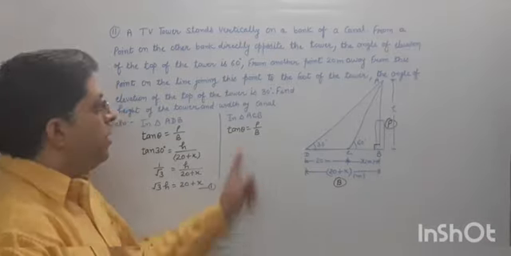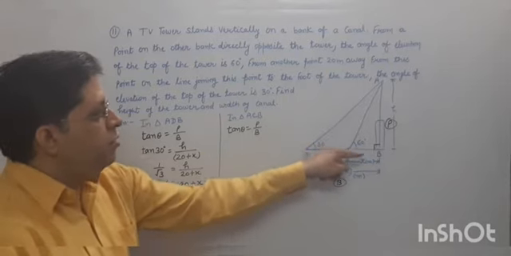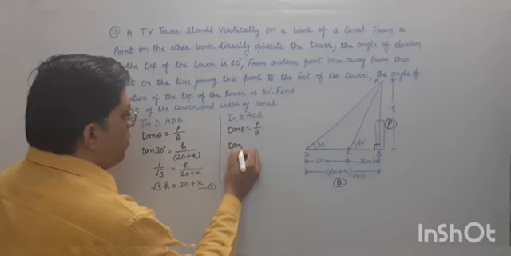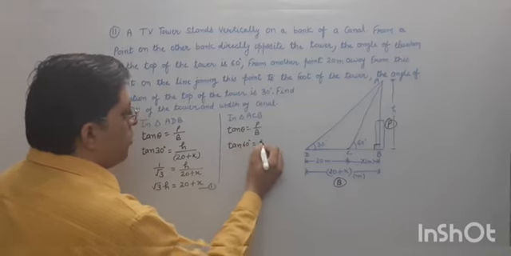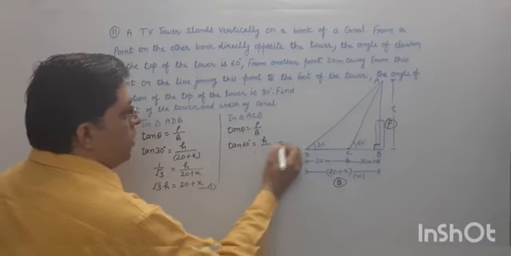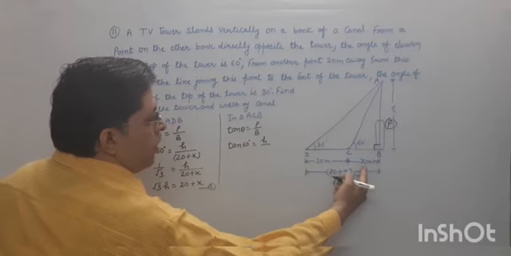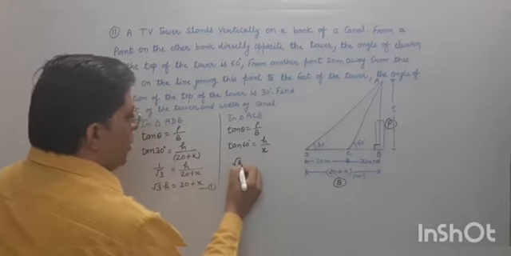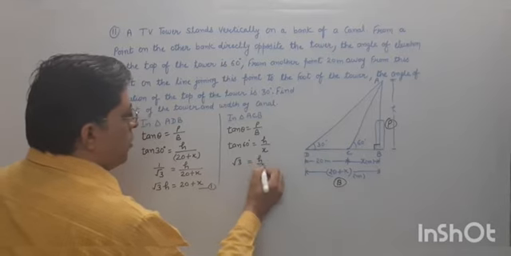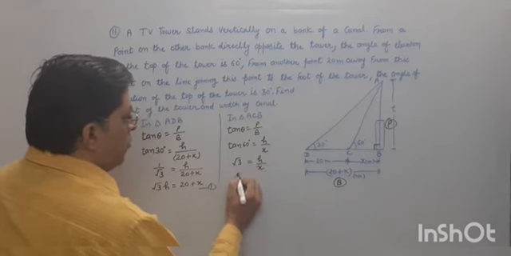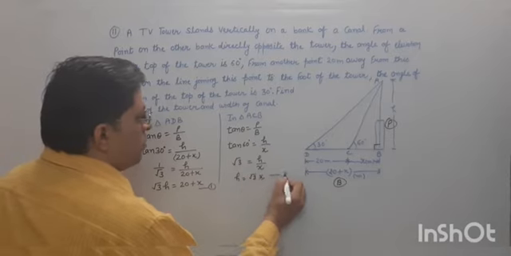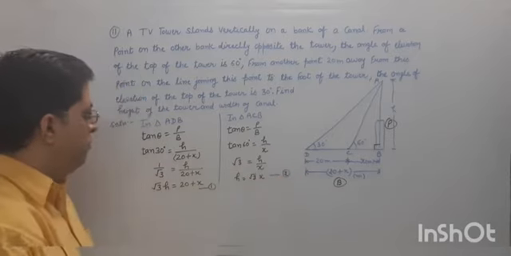For triangle ACB, the angle is 60 degree. Tan 60 degree is perpendicular h upon base x. Tan 60 is root 3, so root 3 is equal to h upon x. What will be h? This will be root 3x. Equation number 2.